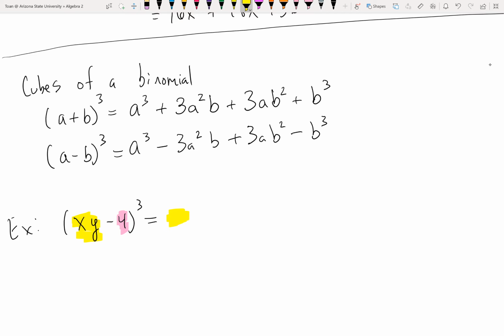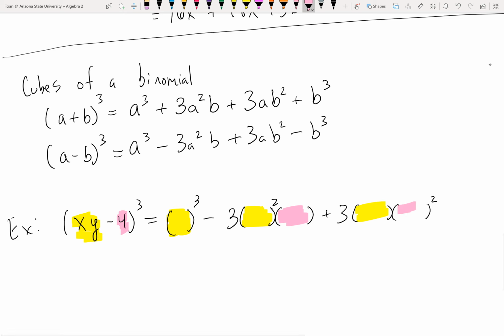It's going to be the first guy cubed minus 3 times the first guy squared times the second guy plus 3 times the first guy, second guy squared, minus the second guy cubed.